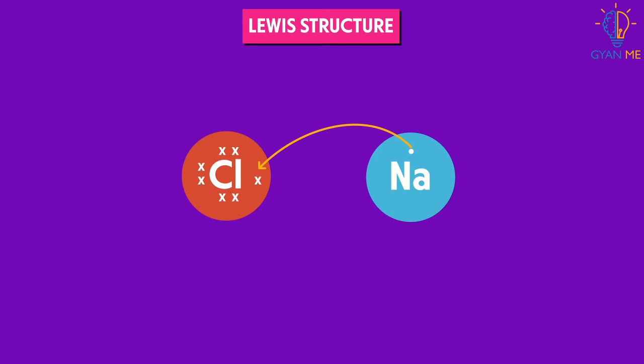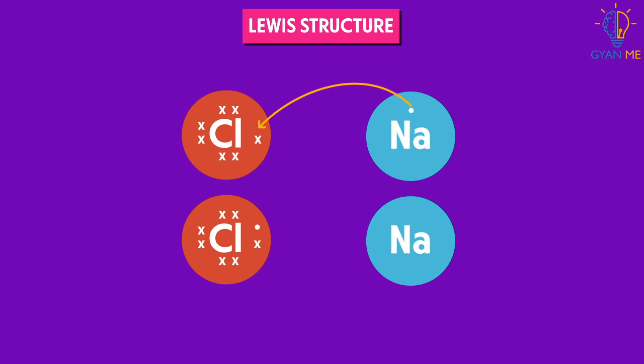Now during reaction, sodium gives 1 electron to 1 chlorine atom. This process of giving electron is represented by arrow starting from sodium going towards chlorine. Now write the product as you are shown. Here sodium has no valence electron as it gave away its valence electron to chlorine.